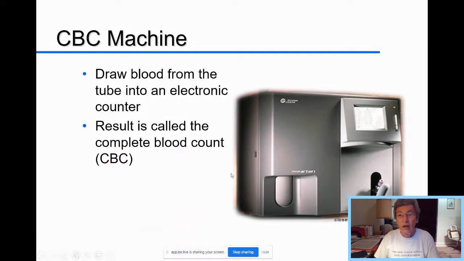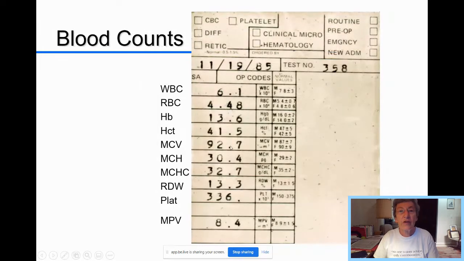As most of you are aware now, blood is drawn into tubes and then sent to a machine. This is one of many different kinds. And the result, the printout, is a complete blood count, or CBC. This is a really old one from 1985, because most of what is produced now comes out in the computer.